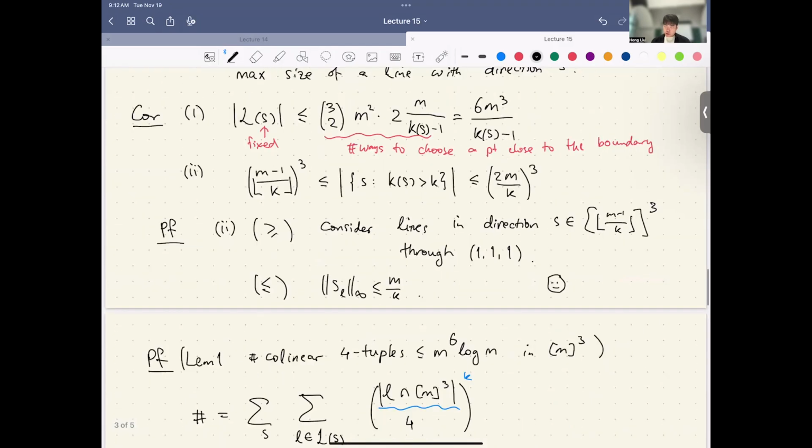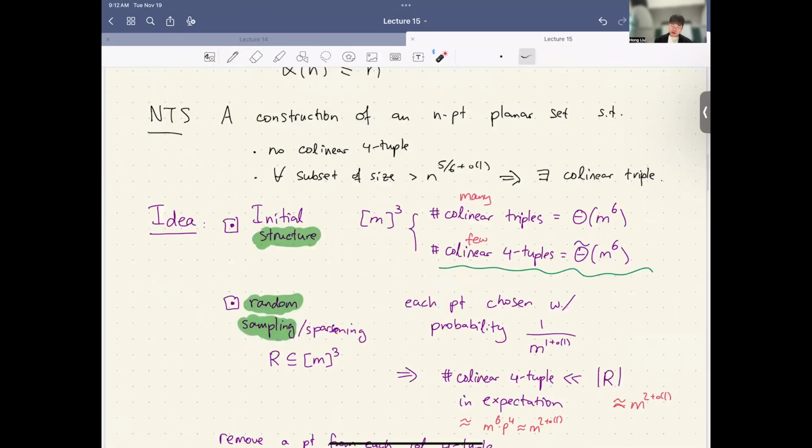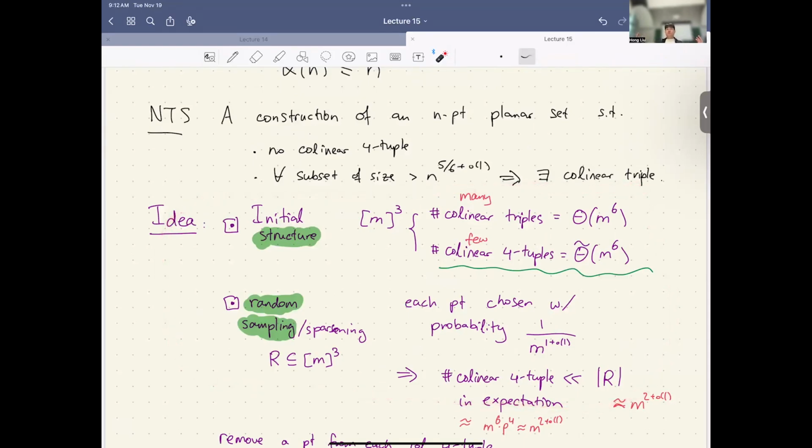The next construction I will talk about, at a very high level, has some similar flavor to this strategy. We start with some initial structure that's highly structured, quite good for what we want. Now we do some random sparsening to get the structure that we want. So it's a combination of structure and randomness.